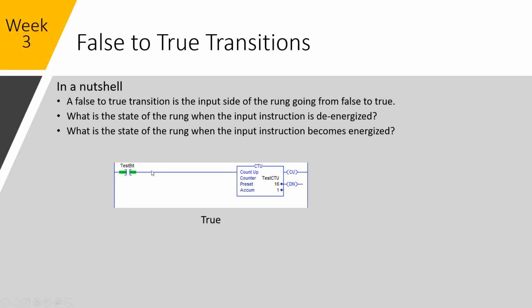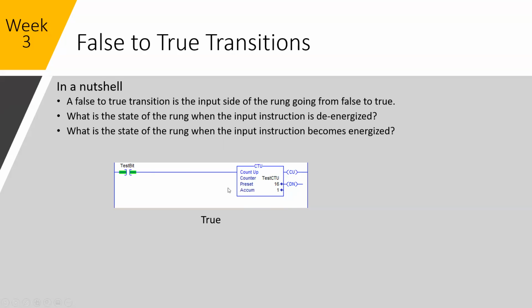So whenever the input becomes true, this function will count up. So the accumulation will move up 1 whole integer, 1 whole number. And once that number reaches 16, the done bit will then transition from false to true.